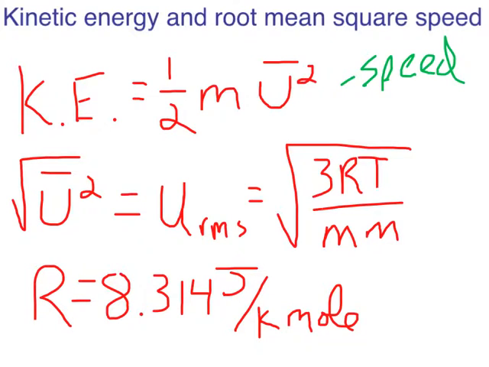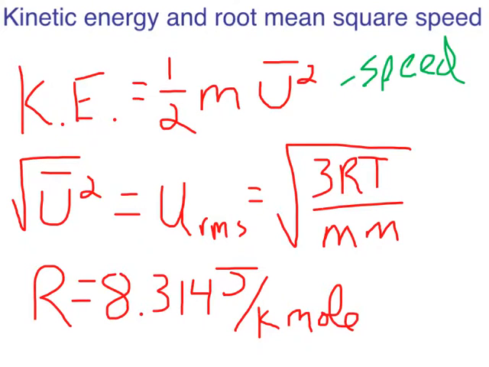This quantity here, the second equation, is called the root mean square speed. It's written like this, or in your textbook it's also written u_rms, root mean square speed. It is equal to the square root, that's why it's called the root mean square speed, of 3RT divided by molar mass, where T is temperature.